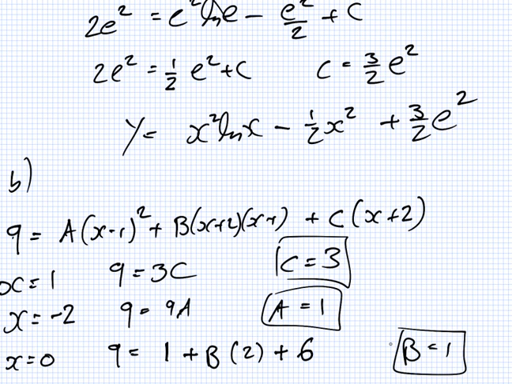It's x minus 1 squared here. Oh, you see, there's x minus 1 and there's x minus 1 squared. So it's twice. Yeah.